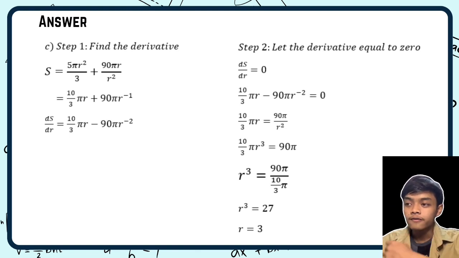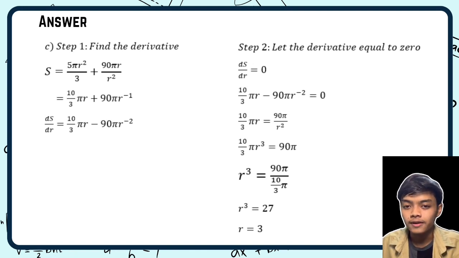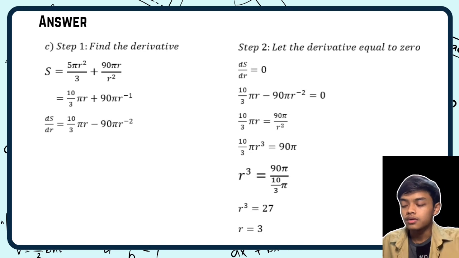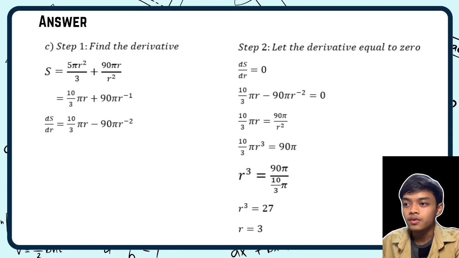So, from 5 pi r square over 3 plus 90 pi over r, we get 10 over 3 pi r minus 90 pi r to the power of negative 2. Next step, we need to let the derivative equal to 0. So 10 over 3 pi r minus 90 pi r to the power of -2 equal to 0.